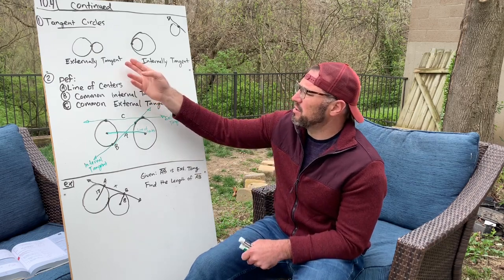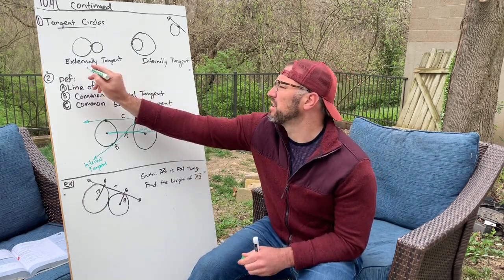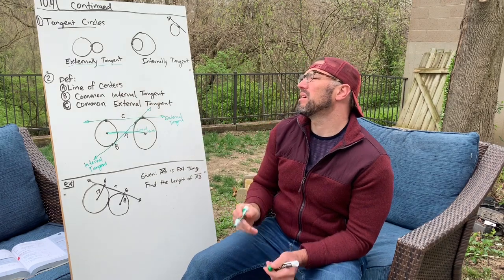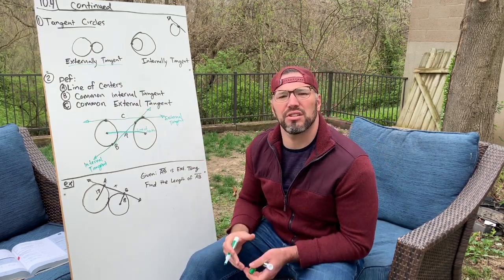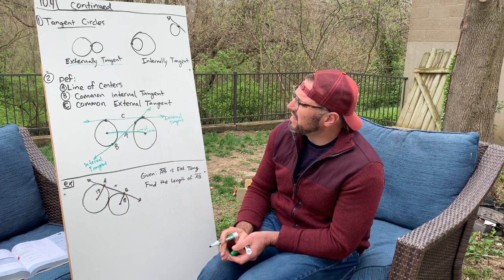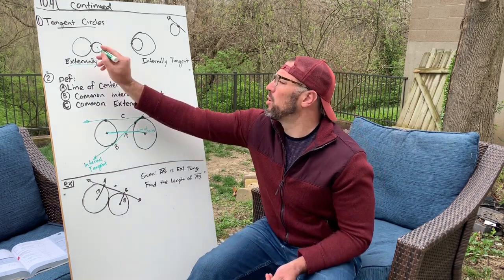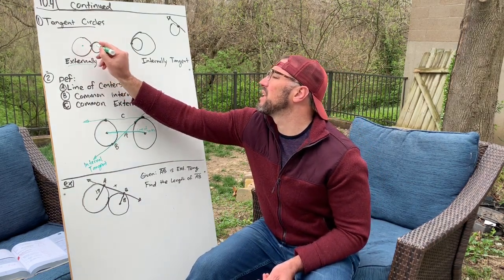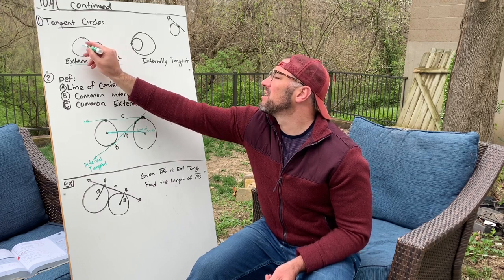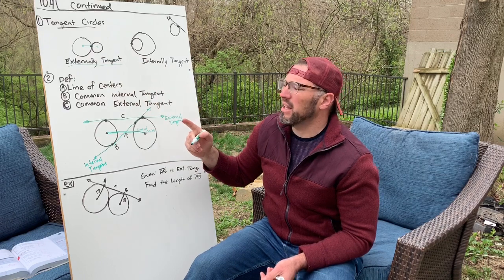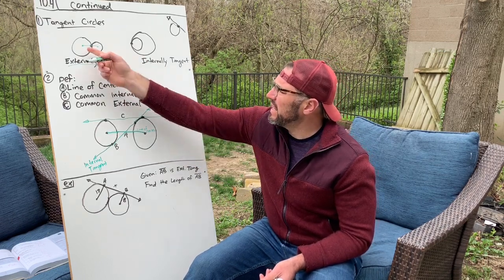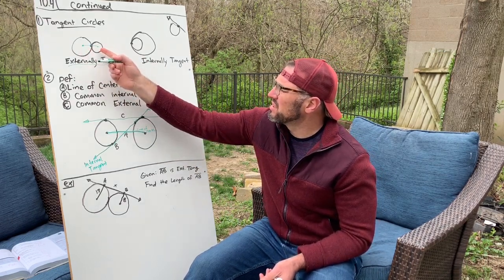And so circles can either be externally tangent, which you need to know because there are problems in the book that say, hey, two circles are externally tangent. And that will help you because it gives you information. You could draw a line that passes through the point where they intersect and hits the center of both circles.